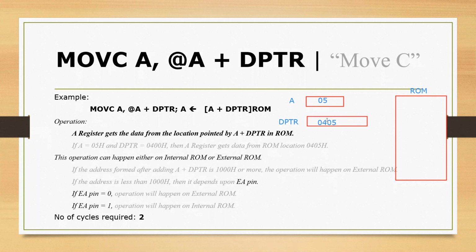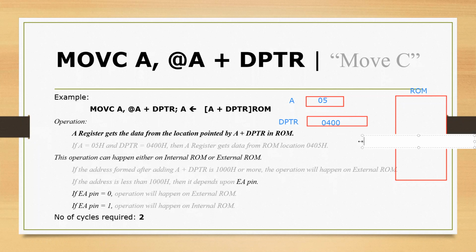So we are calculating the address of ROM, that is A plus DPTR, and you will get 405.